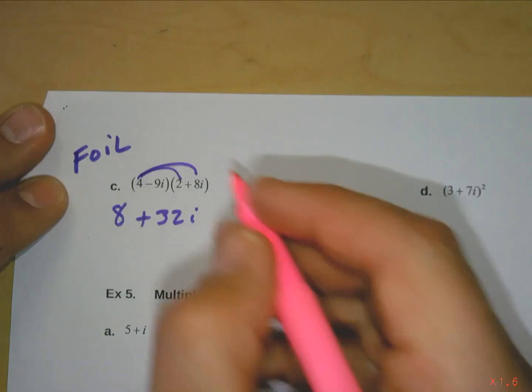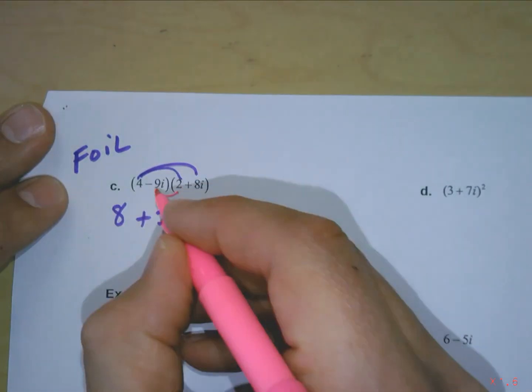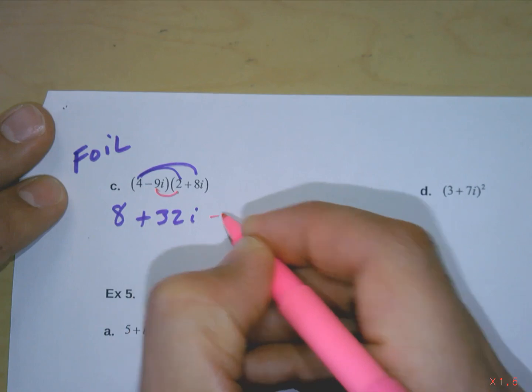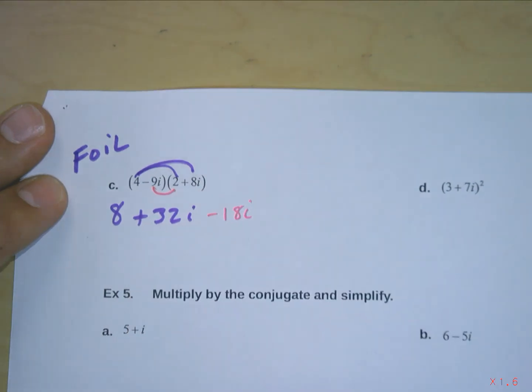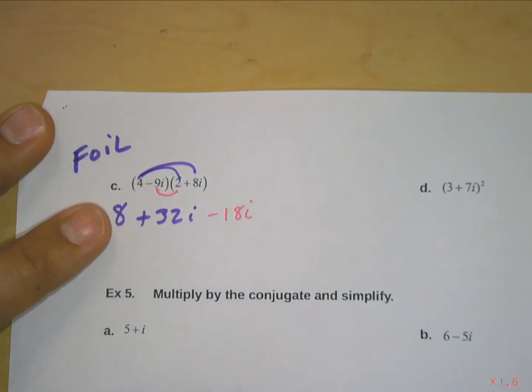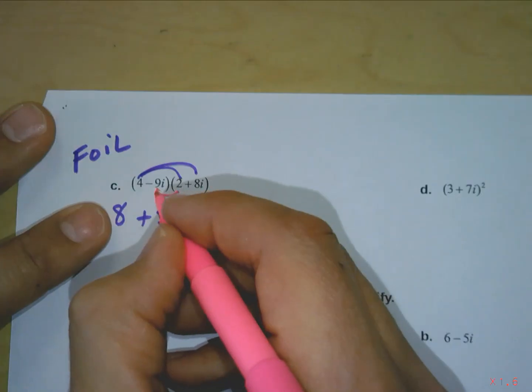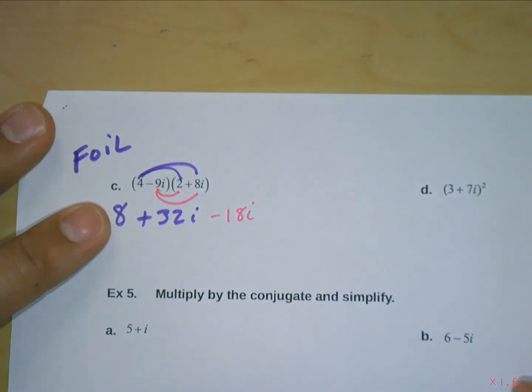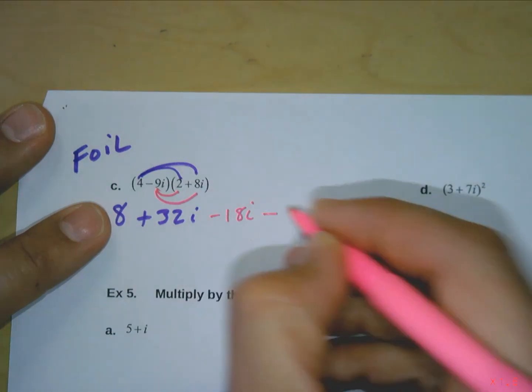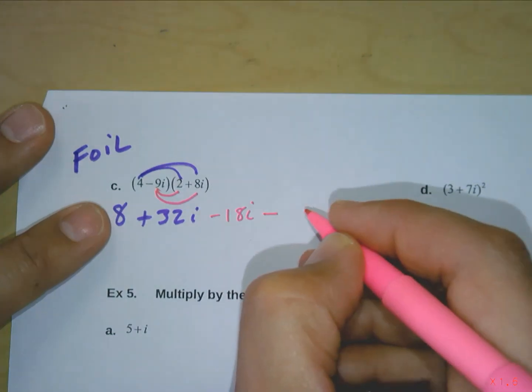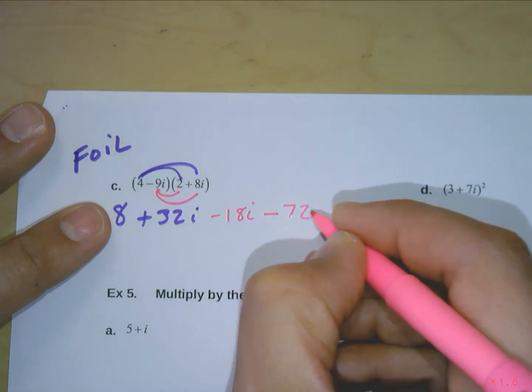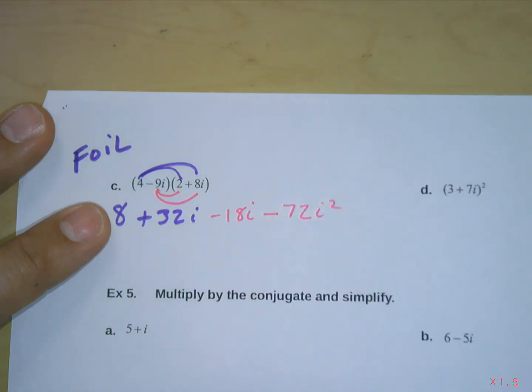And I take a look at the next one. I do my inners. Negative 9i times 2 is negative 18i. And negative 9i times 8i is what? Negative 9 times 8, what is that? 72. And i times i is i squared.